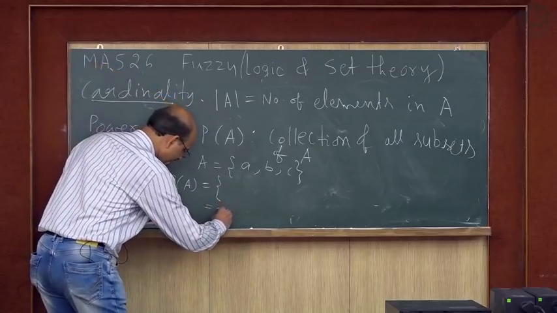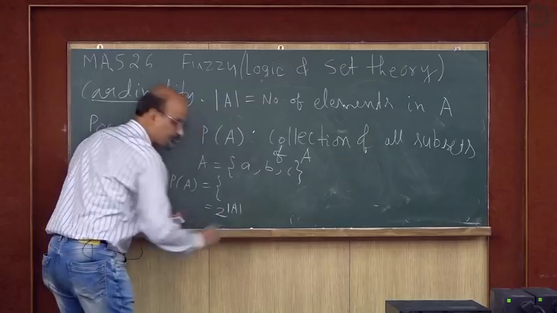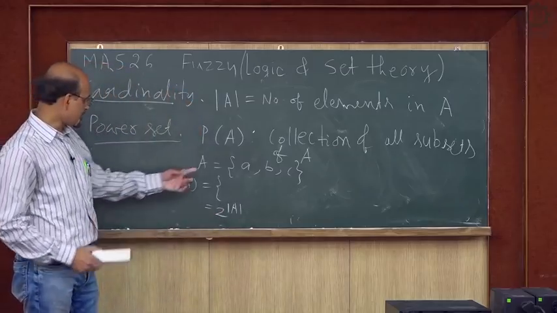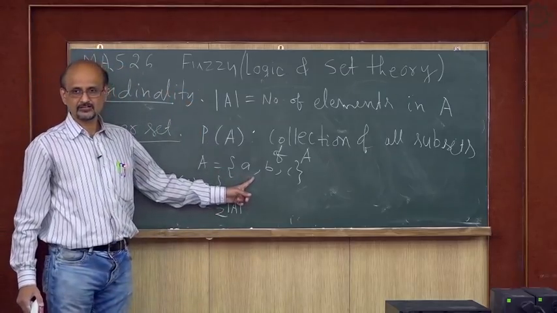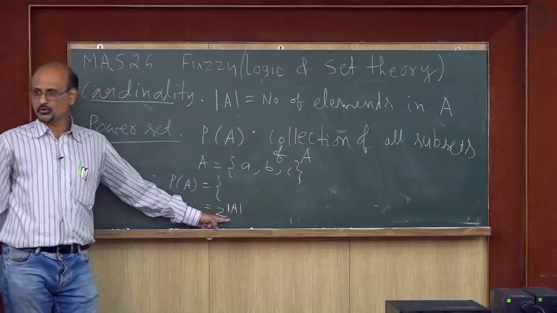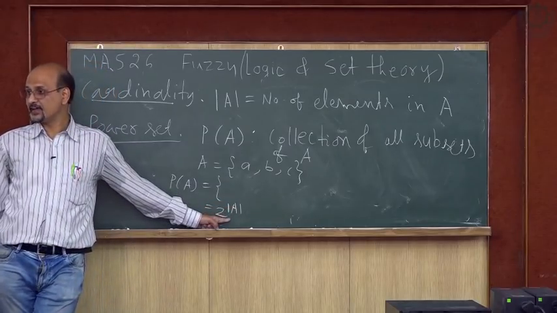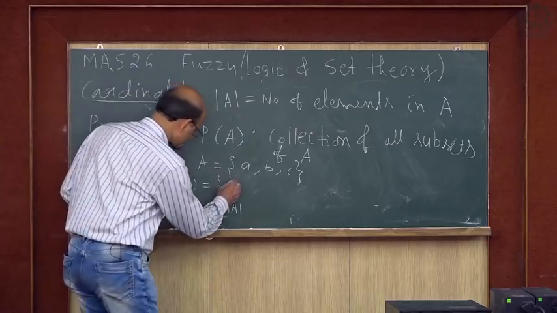So, this is actually 2 to the power cardinality of A. So, cardinality of A is 3. So, it should be 2 cube, that means 8. So, what are those?